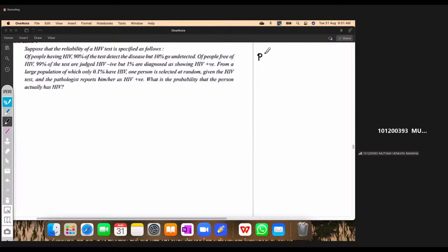So this is the probability of having HIV. Okay. Now, probability of test positive when having HIV is 0.9. Probability of test negative when having HIV is 0.1.